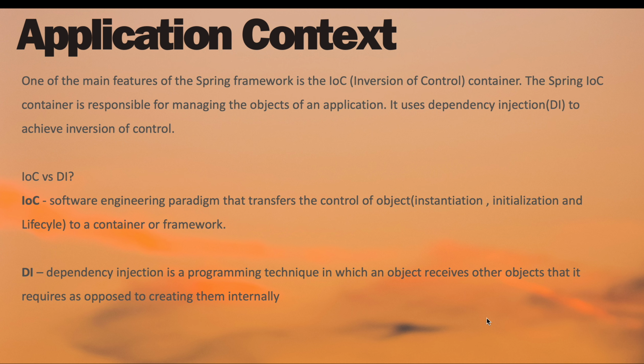With IoC, we are transferring the control of objects, the initialization of objects, the instantiation of objects, and the life cycle to a container, to a framework, which means that in our code, we are no longer going to be initializing, instantiating, or doing life cycle management. Something else is going to do that for us.